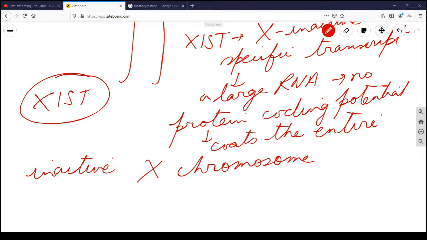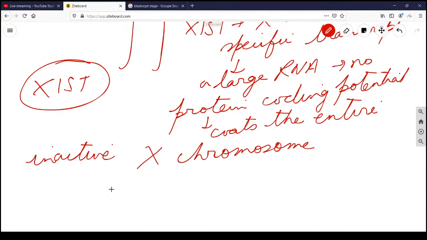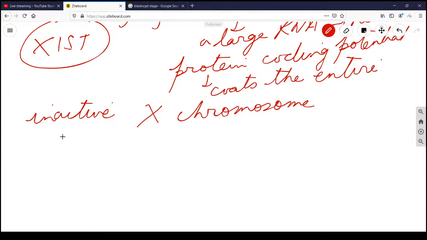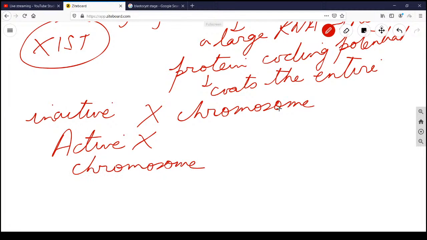Now in the inactivated X chromosome, the XIST gene is unmethylated and expressed so that RNA can be produced. And in the active X chromosome, the XIST gene will be methylated and silent. Very, very important demarcation. This is the active X chromosome, and this is the inactive X chromosome.